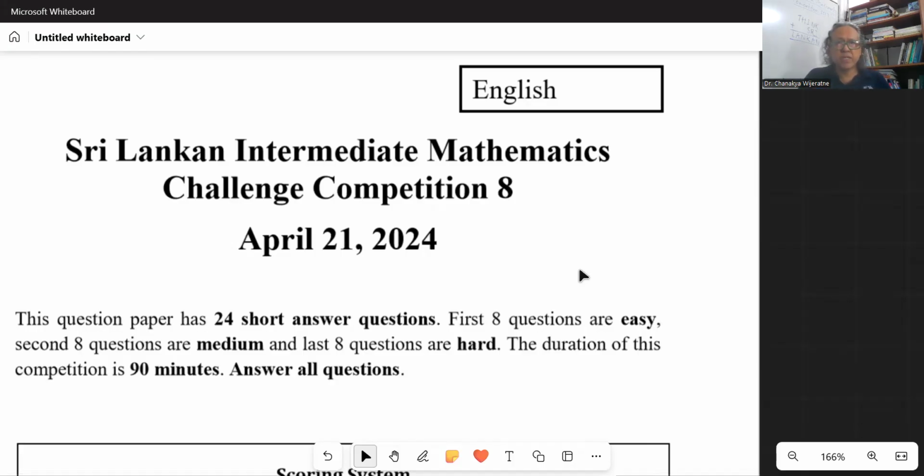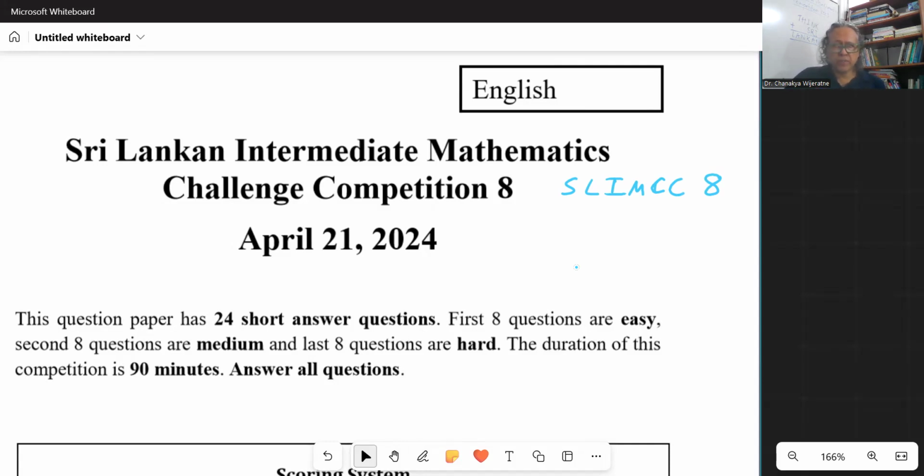Sri Lankan Intermediate Mathematics Challenge Competition, SLIMCC, 8. So this was conducted on April 21st, 2024 at the University of Colombo.